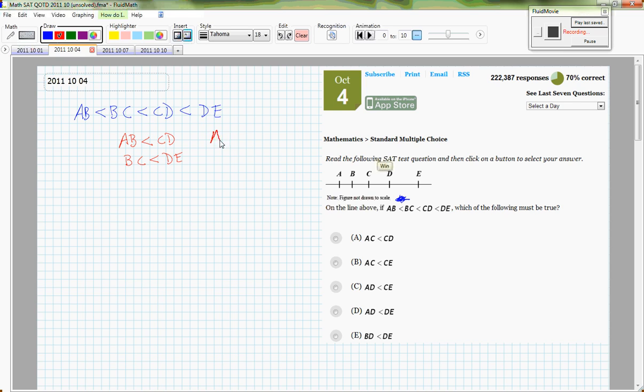And AB is less than DE because of this chain of inequalities here. So this one and this one, this one and this one, this one, this one. These are basically the other relationships that are true because of this one chained inequality.